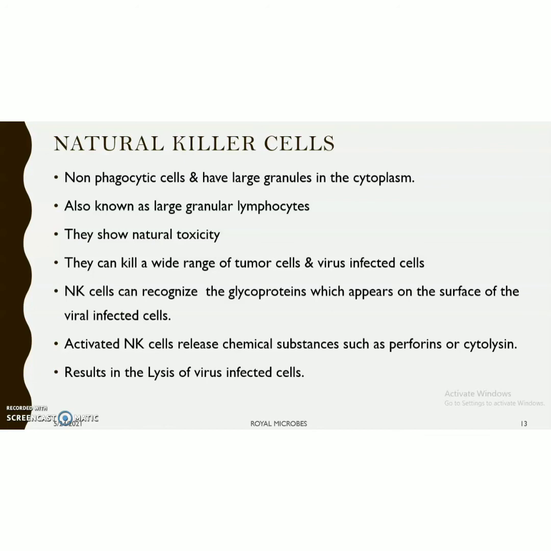Activated natural killer cells release chemical substances such as perforins or cytolysin, resulting in the lysis of virus infected cells. Natural killer cells mainly act with the help of antibodies, using the mechanism of ADCC, antibody dependent cell mediated cytotoxicity.